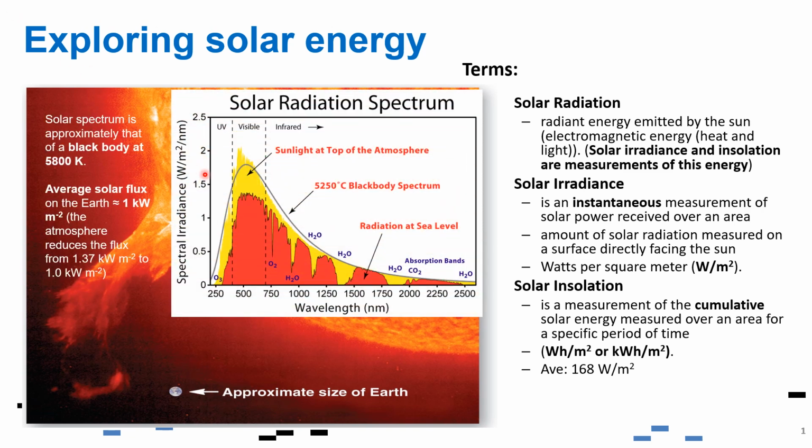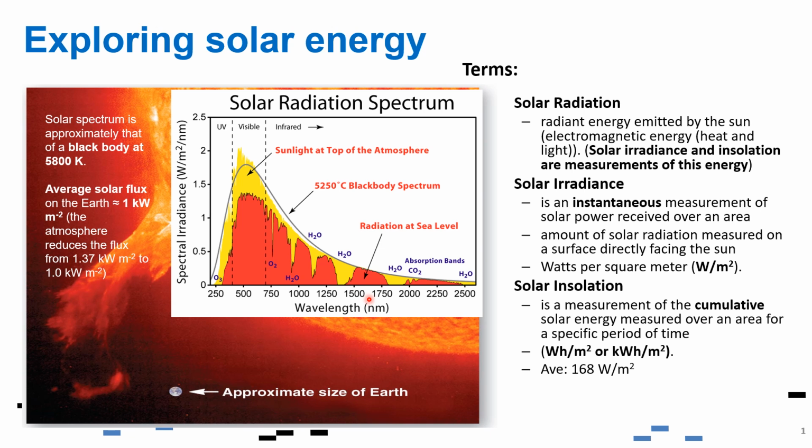For the solar radiation spectrum at the Earth's surface, we can look at this diagram here. This is the spectrum that is emanating from the sun that is absorbed by the Earth. We have the solar irradiance on the y-axis, which is in watts per square meter, so the amount of power per unit area, and this is the wavelength of the solar light.